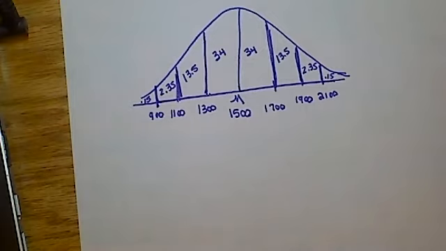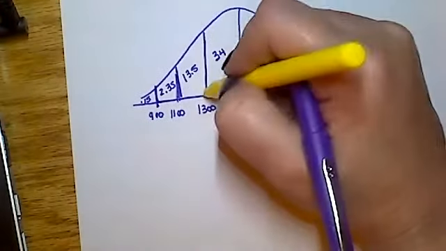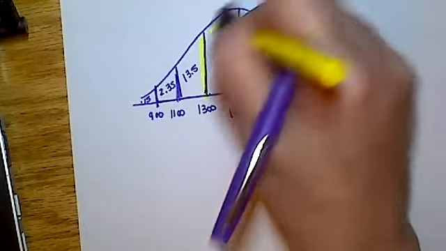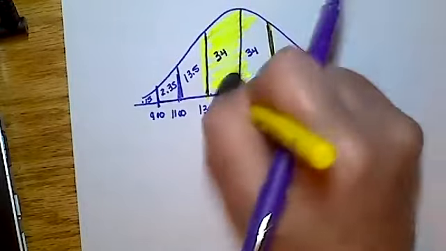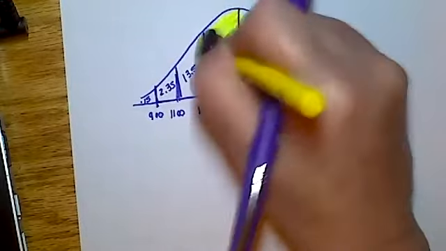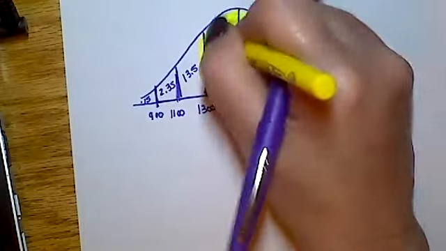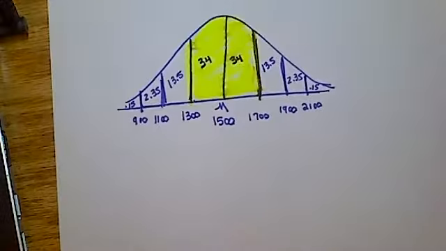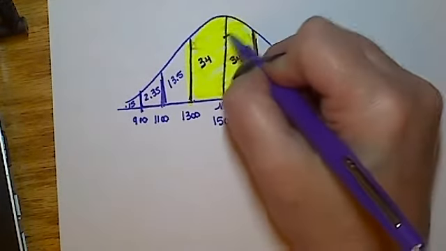So the question is asking, estimate the percent of farms whose land and building values per acre are between $1,300 and $1,700. So the answer to that question would be 68%.